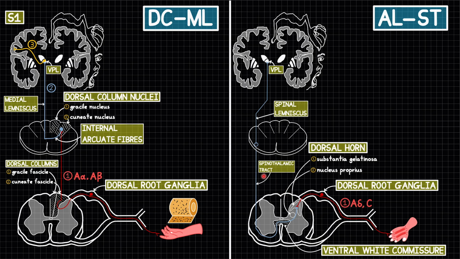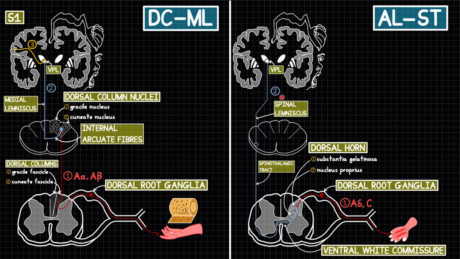But technically speaking, the spinothalamic tract only refers to this ascending part of the second order neuron in the spinal cord. So this is a bit of a technicality here. The part of the second order neuron ascending through the brainstem is called the spinal lemniscus. So this is the second order neuron.